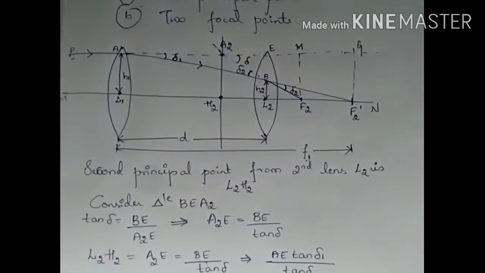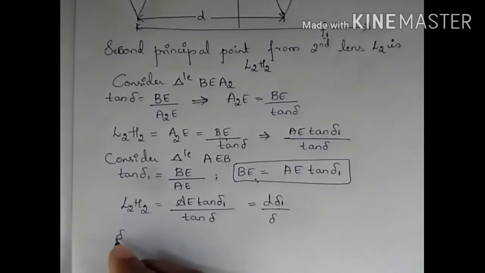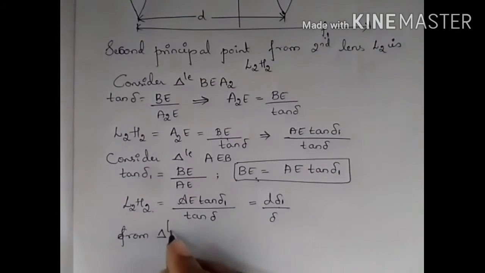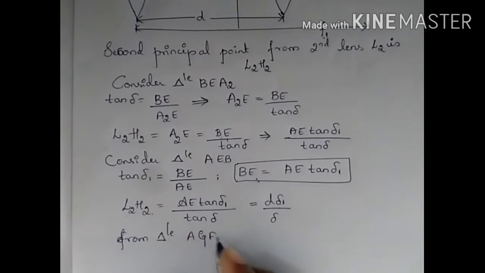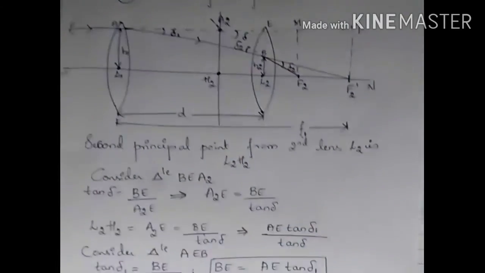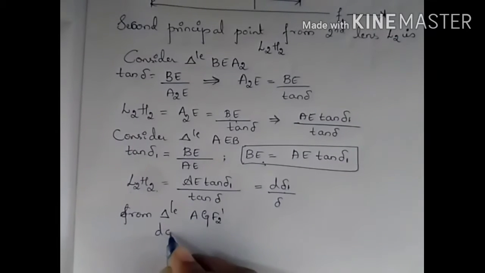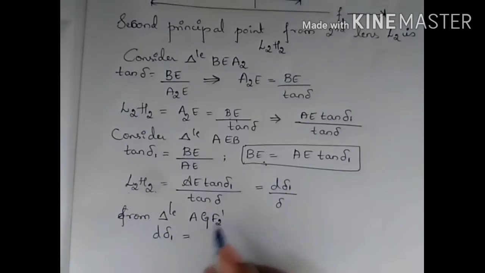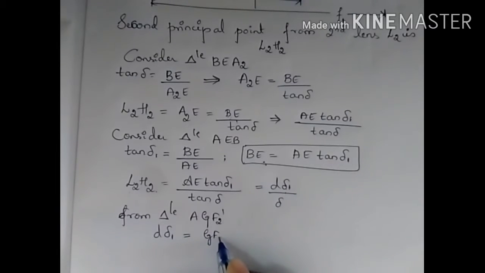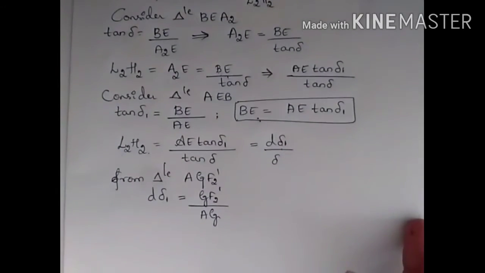With this, from the triangle AGF2 prime, I can write delta 1 is equal to GF2 prime divided by AG. So you have the value of delta 1 here.